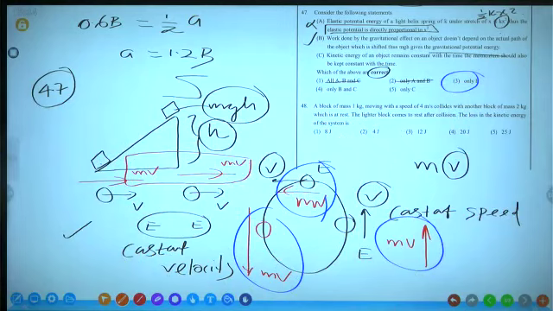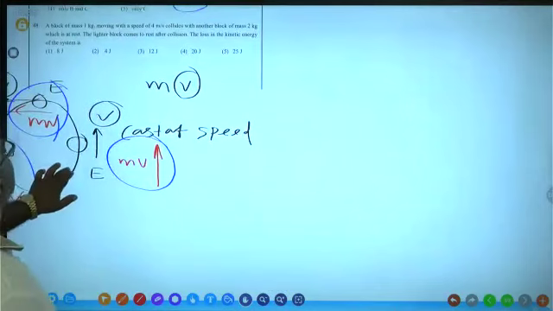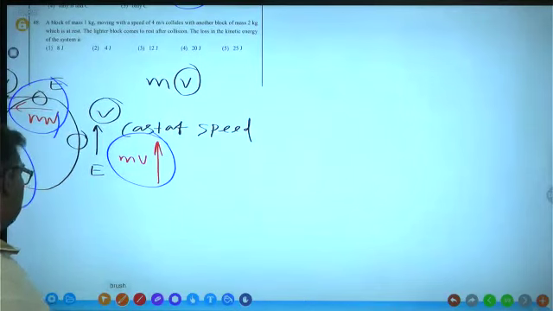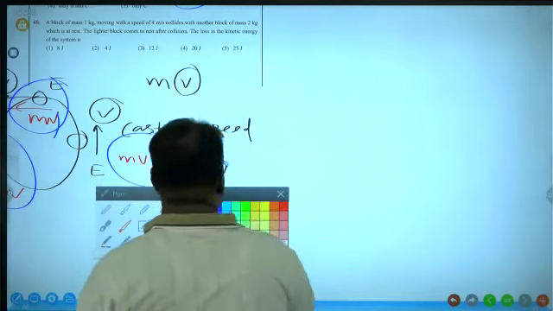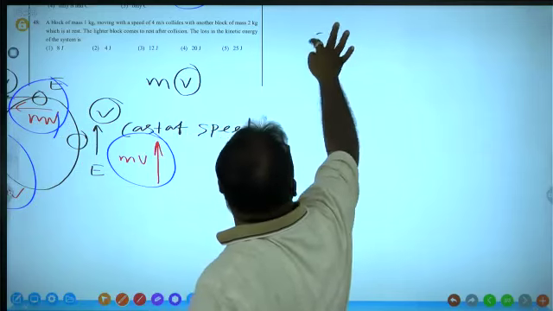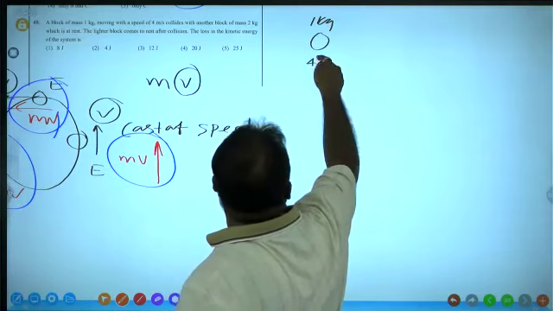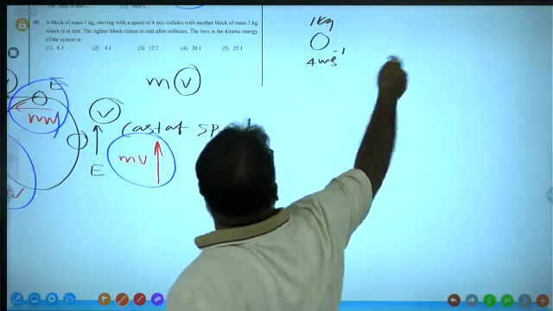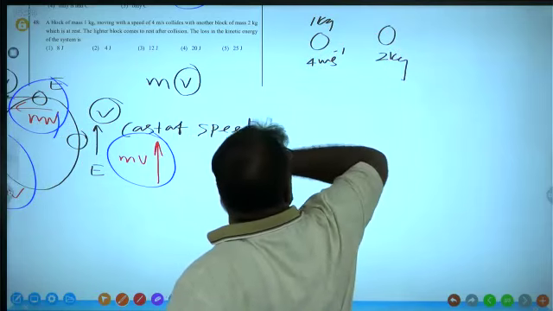Right, number 48. A block of mass 1 kilogram moving with a speed of 4 m s^-1 collides with another mass. A block of mass 1 kilogram moves with 4 m s^-1 and collides with another mass of 2 kilogram which is at rest.